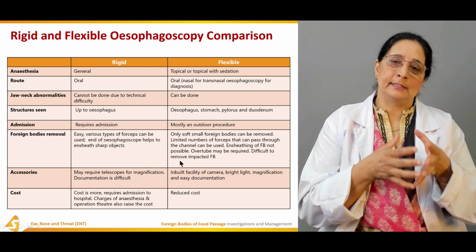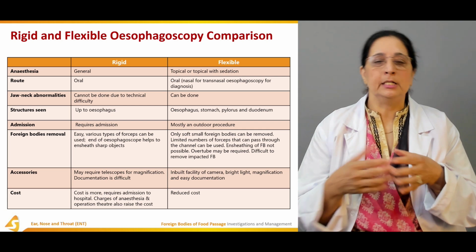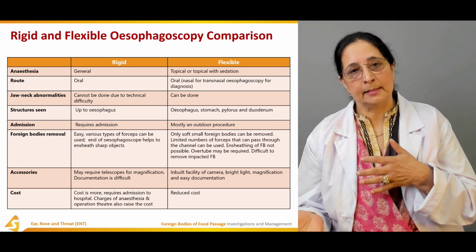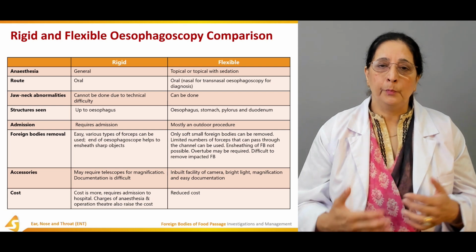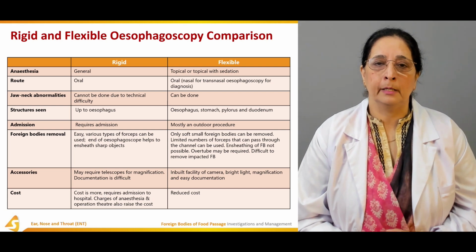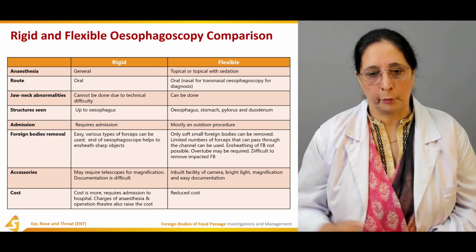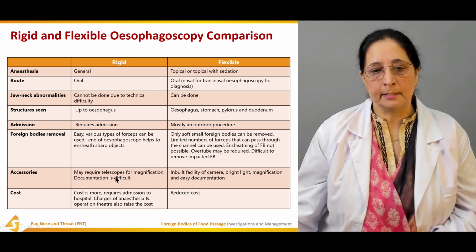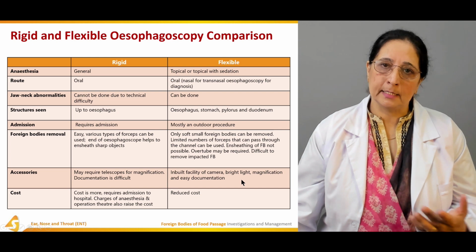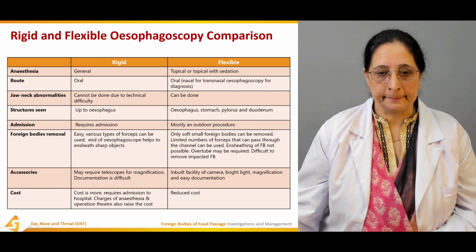So we have some advantages of rigid, some advantages of flexible, and some disadvantages. Both have bad and good points. Accessories: rigid may require a telescope for magnification, while an inbuilt camera facility is available for the flexible.